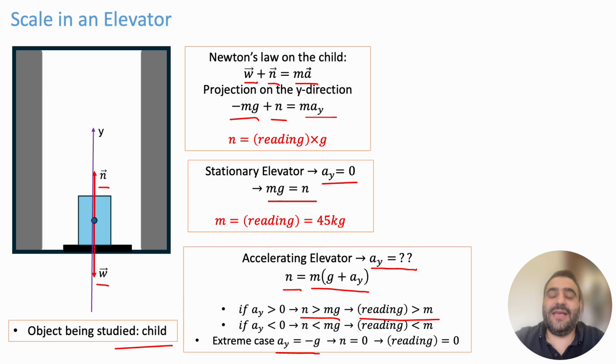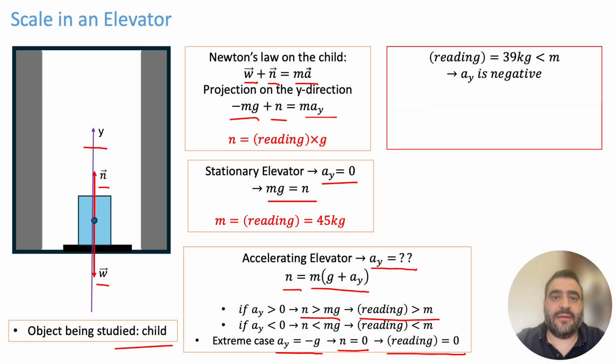That's the free fall case. So if we disconnect the elevator and the whole cabin starts falling with an acceleration in magnitude equal to g, it's minus g because it's downward and we chose the y-axis upward, then the normal reaction is going to be 0 and the reading is going to become 0. So when we are free falling, the weight doesn't allow us to push on the ground, so the ground doesn't push back on us.